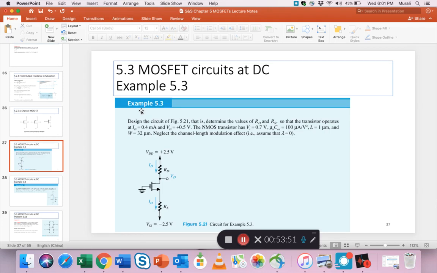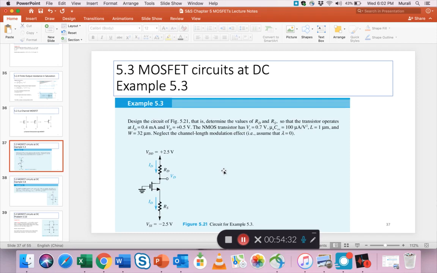But the real reason that we have this section is to help us answer the question, if I know I want a certain combination of the voltage gate to source and the current ID, what resistors, etc., and what voltages do I need to get started, to create a circuit so that I meet that condition of having a certain bias condition, which means a certain voltage plus current combination.